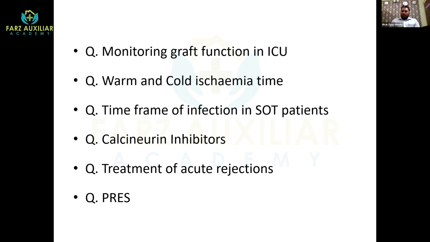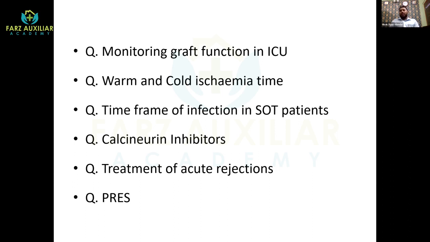First, we monitor the trough level. If it remains in the therapeutic range, the chances are quite high, because tacrolimus is very notorious for causing persistent hypertension, and calcium channel blocker is the drug of choice.